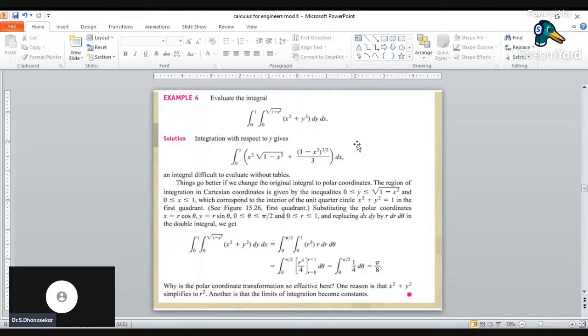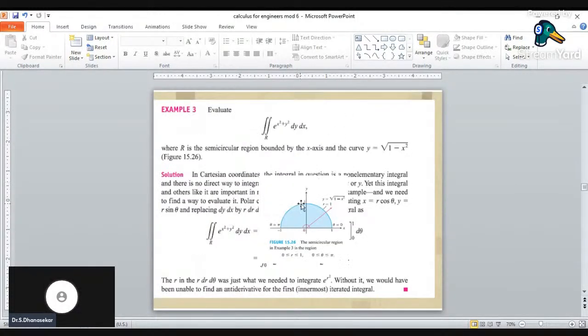Okay, right. So if I go for it, y equal to 0, y equal to root of 1 minus x square. Now if I square the term, what will I get? I will get x square plus y square equal to 1. It's nothing but a unit circle taken in the first quadrant. What is the first quadrant? This is the first quadrant. Now in this first quadrant, the angle is from 0 to pi by 2.